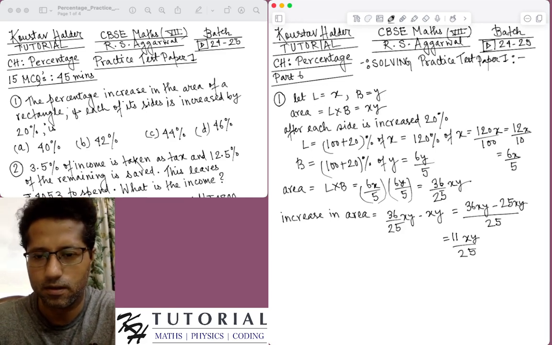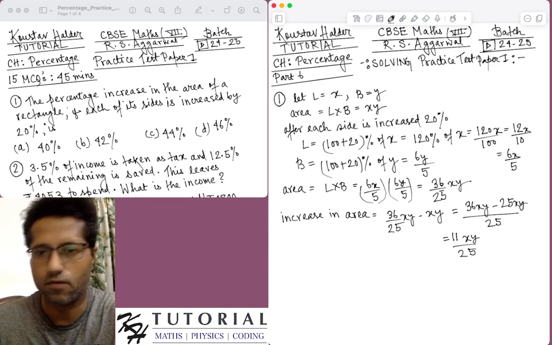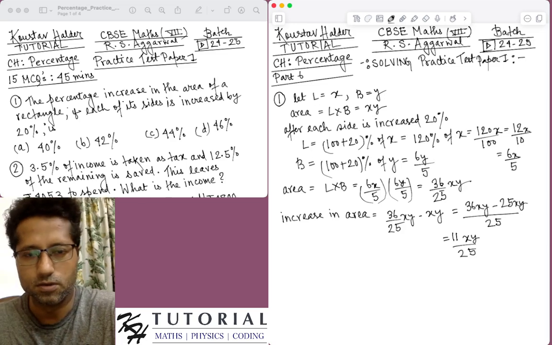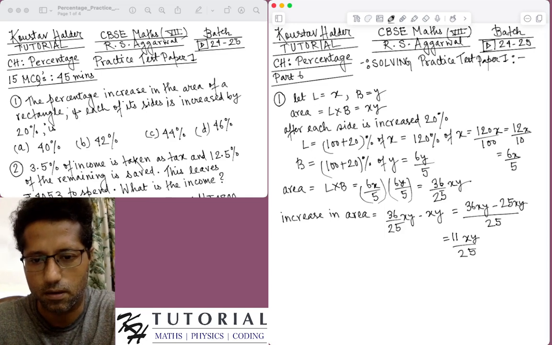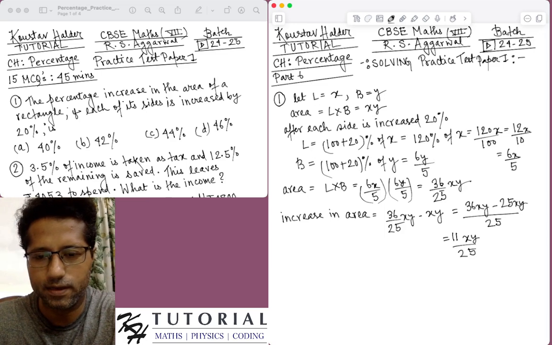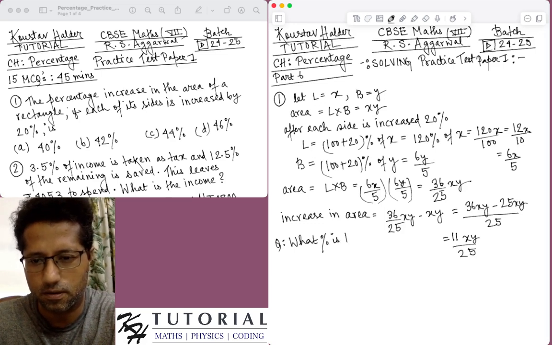Now we have to find what percentage 11xy by 25 is of xy, because it has asked for the percentage increase in the area. So the question now is: what percent is 11xy by 25 of xy?